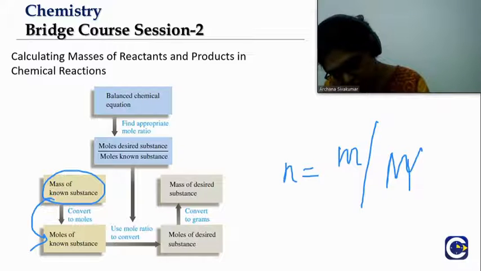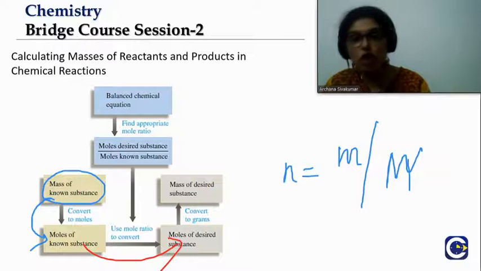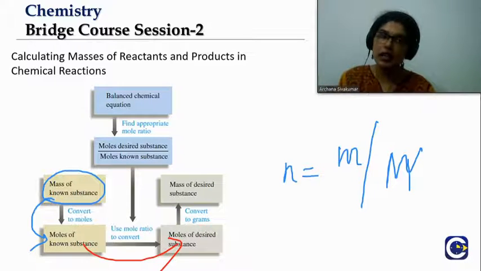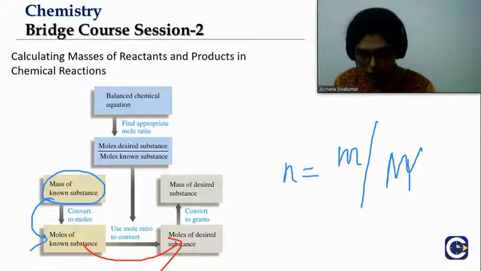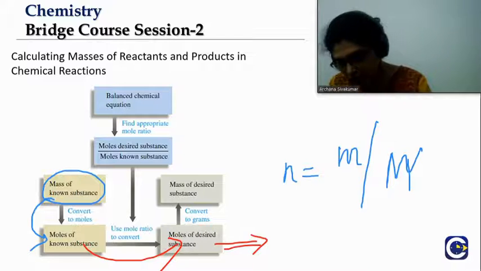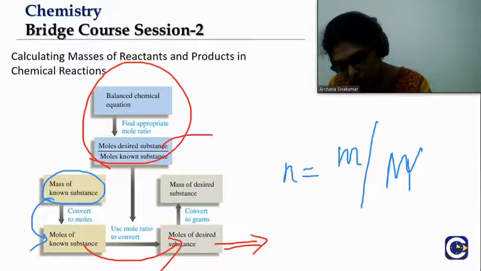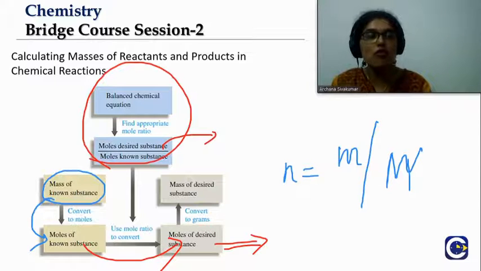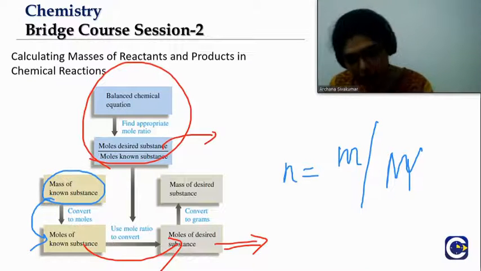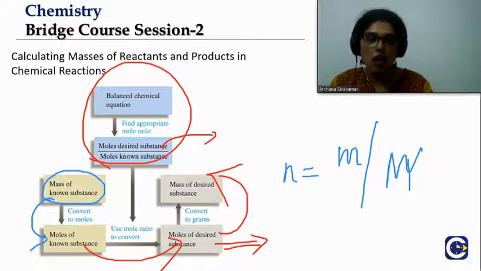Moles of the known substance are converted into moles of the desired substance using a simple cross multiplication with the standard mole ratio. The standard ratio is obtained from the balanced chemical equation. So after I get moles of the desired substance, I will convert it into the mass of the desired substance.